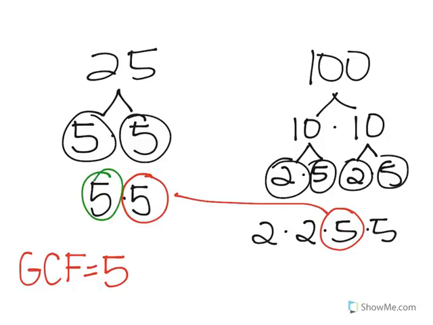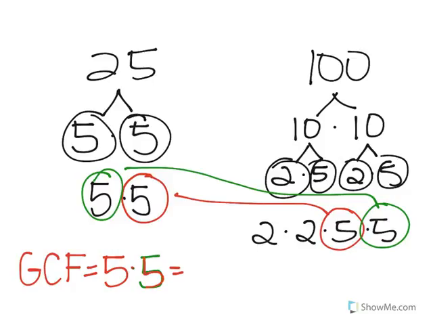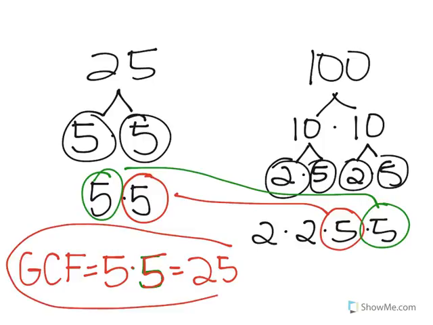This 5 can match with this 5, and again I'm going to write it down once. So 5, or now if we look, these 2's, they don't have a pair, so there's nothing we can do with them. We're going to ignore them. So to find the greatest common factor, we do 5 times 5 equals 25. So my greatest common factor is 25.